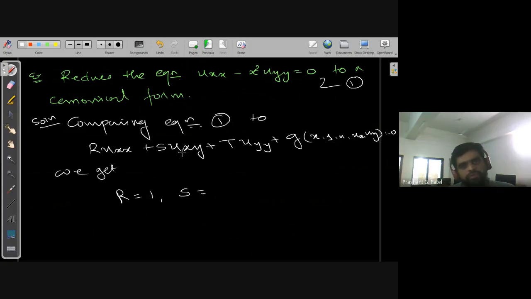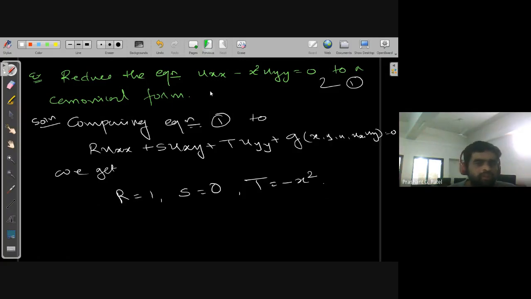S is the coefficient of uxy, there is no uxy term, so it is 0. And T is the coefficient of uyy, which is minus x square. So this is the value of R, S, T.